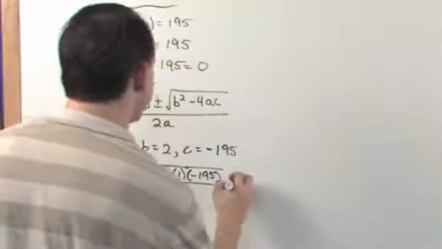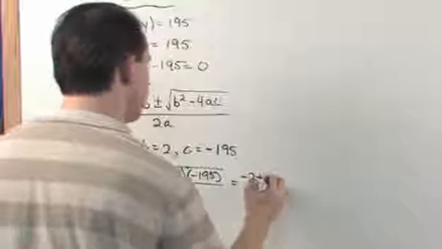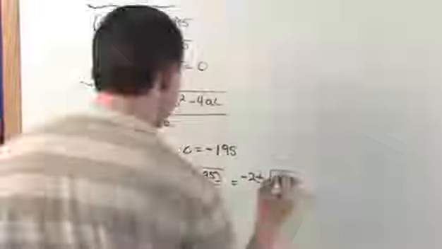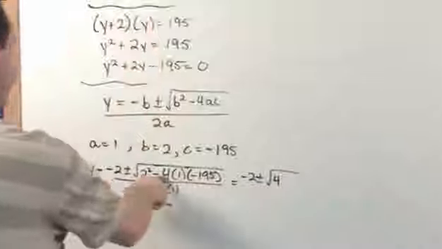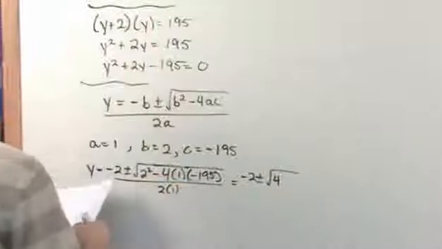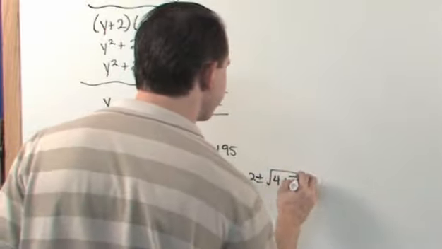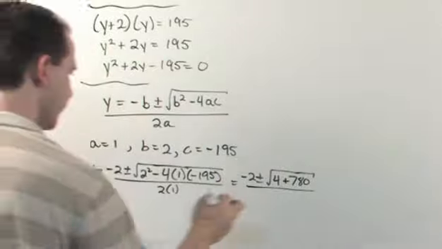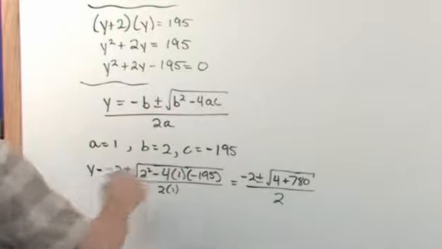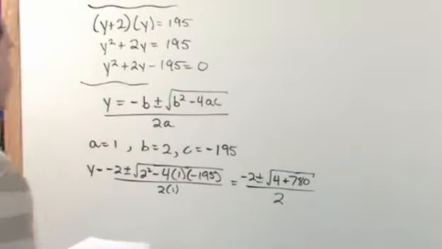And when you simplify this out, what you're going to get is negative 2 plus or minus the square root of 4 minus, and negative 4 times 1 times negative 195 is going to be plus 780, over 2. So 4 times 195 is 780. It's positive because you have negative times negative there.